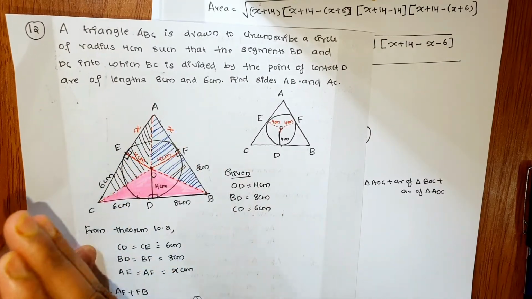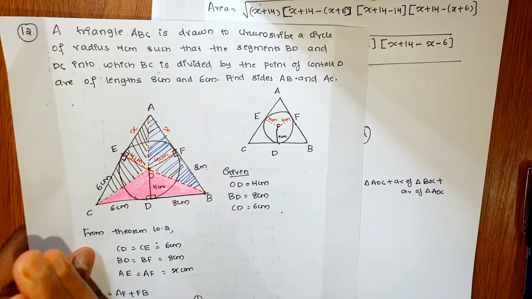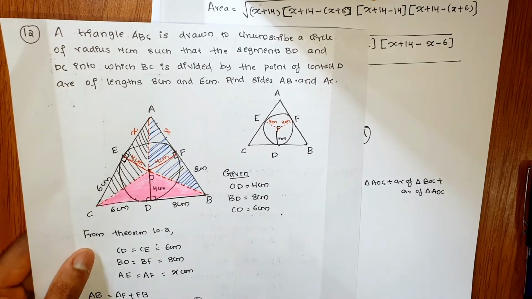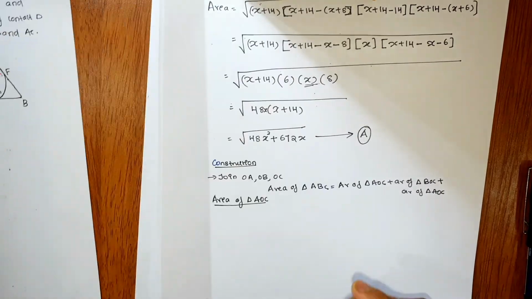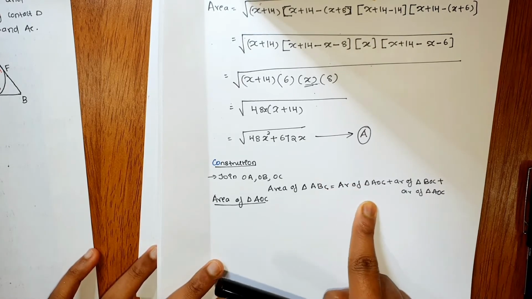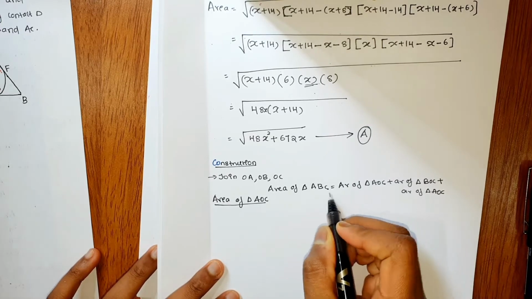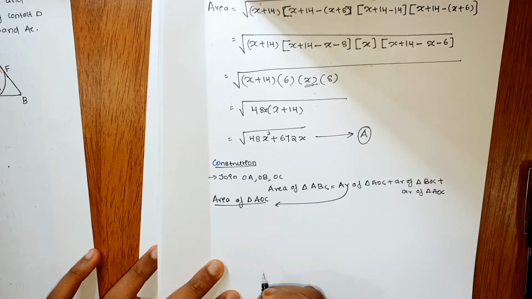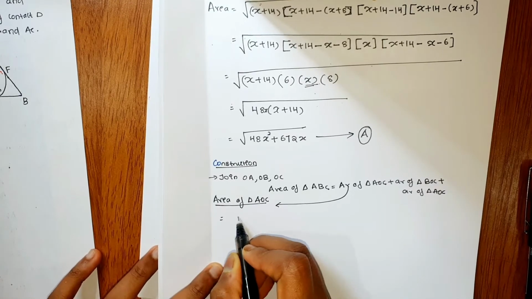If we are finding the area of these triangles separately and adding, we get the area of this big triangle. Okay, that is a step here. Area of triangle ABC is equal to area of AOC plus BOC plus AOB. And from here first we are taking area of AOC. What is the area of this triangle?